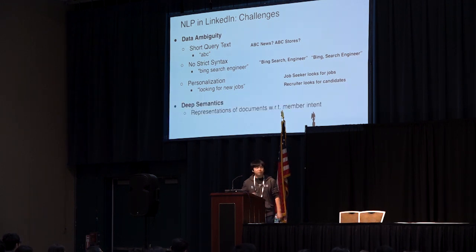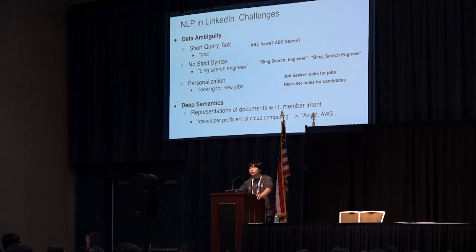The second challenge comes from deep semantics. Here we need to deeply understand the documents, so we can further interpret the member's intention. One example: in a recommender system, you have a user profile saying I'm a developer proficient at cloud computing.